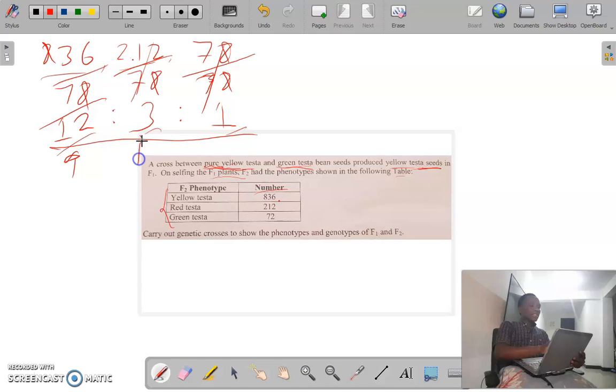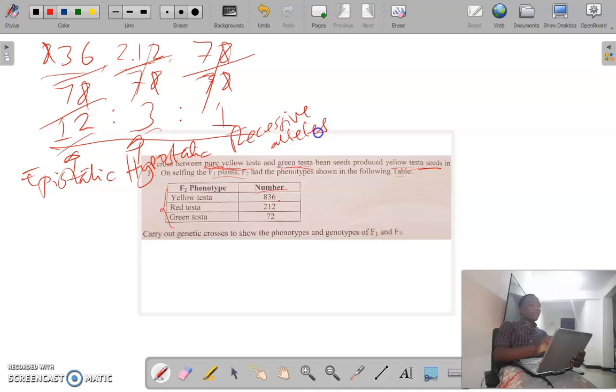The one that carries the 3 is the hypostatic, and the last one is for the recessive alleles. So recessive alleles will be producing this one. If this 836 was for yellow, we can put a capital Y. Now we can let the symbols, so when you are solving this, you will write them there.